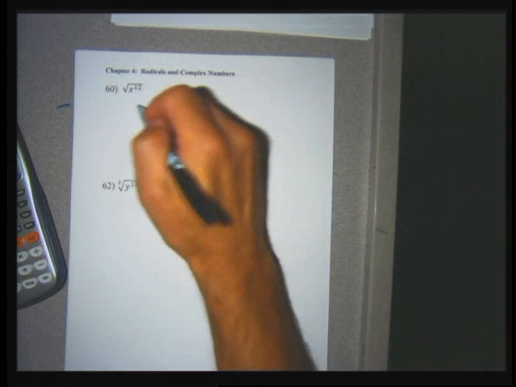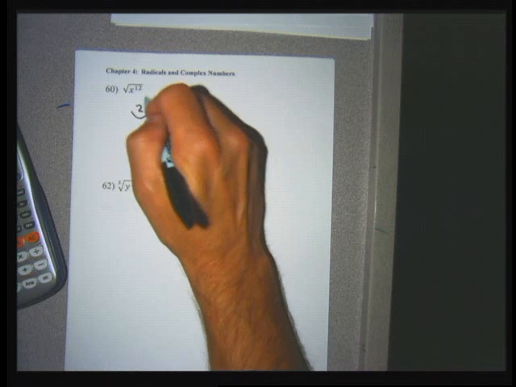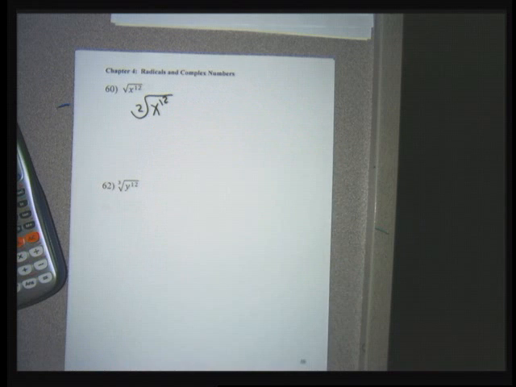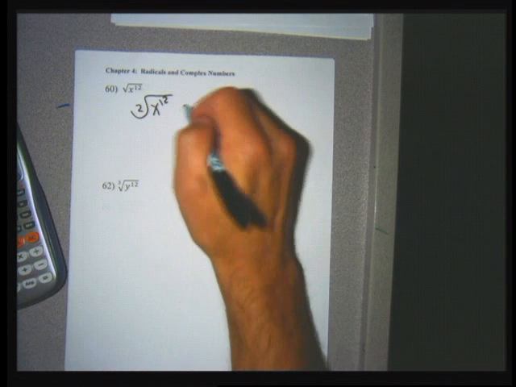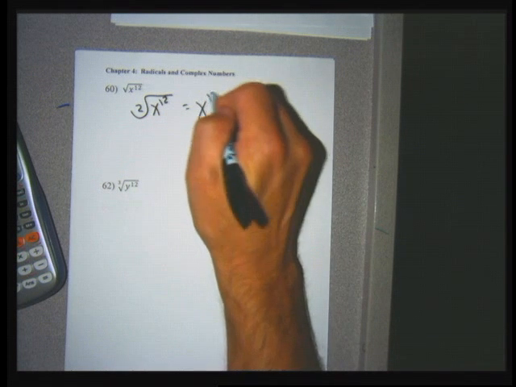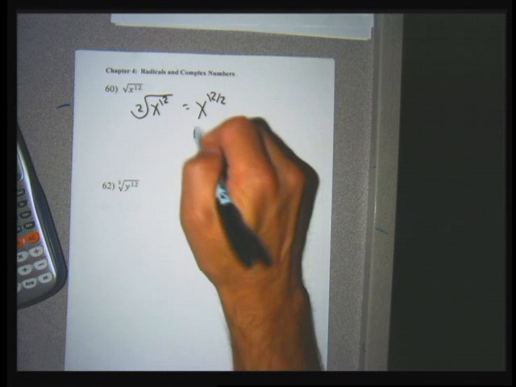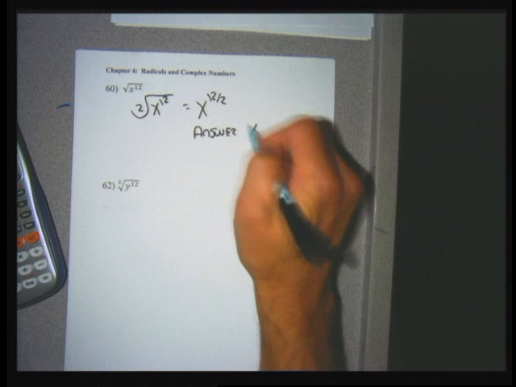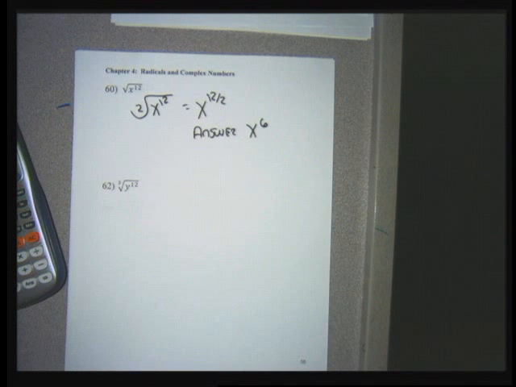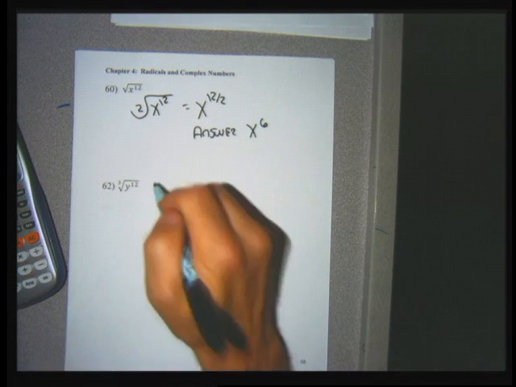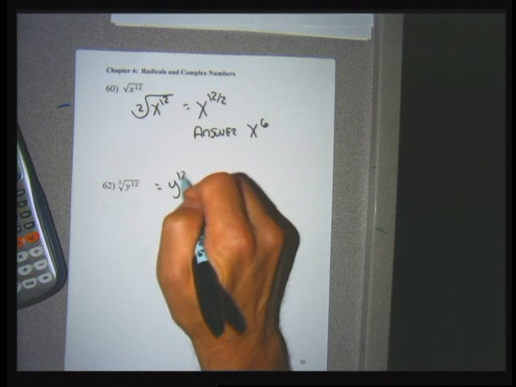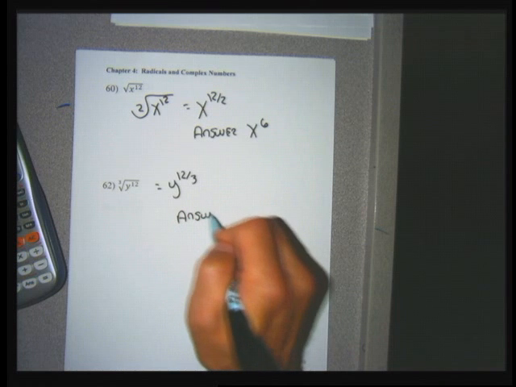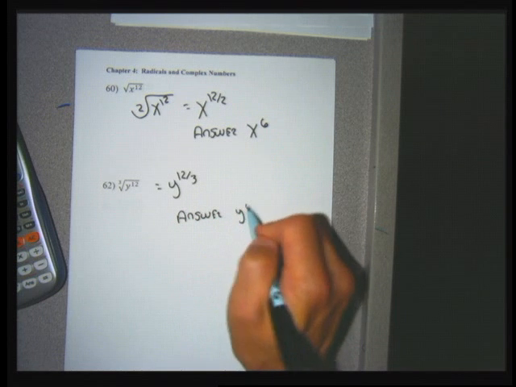For 60, I have to think of this as the second root of x to the 12th, because in a square root, the 2 is not written, but it's assumed. So this is going to be x to the 12 over 2 power, and my answer is going to be x to the 6th. For 62, it's going to be y to the 12 over 3 power, and my answer is going to be y to the 4th.